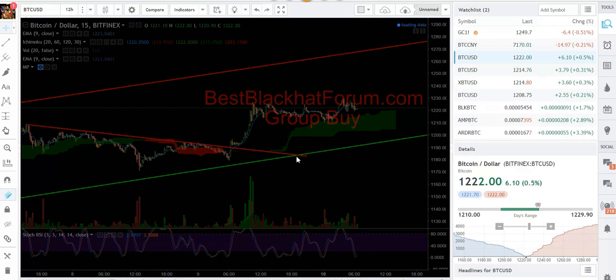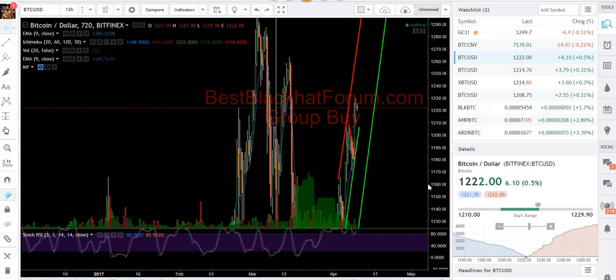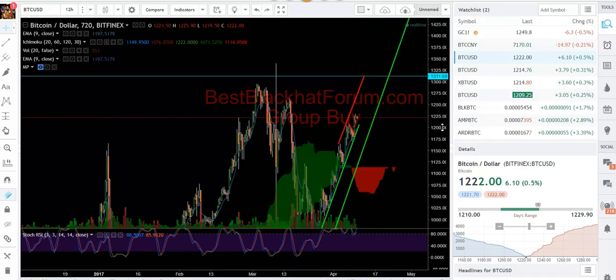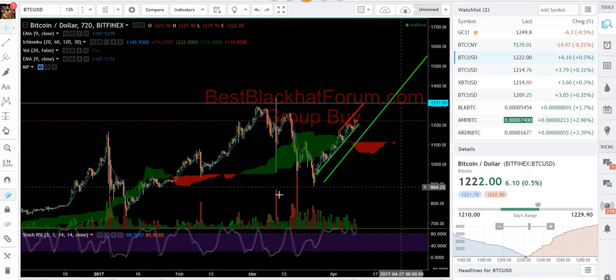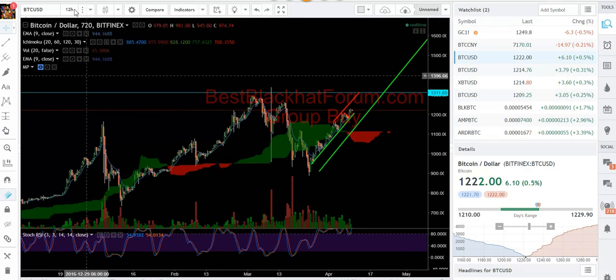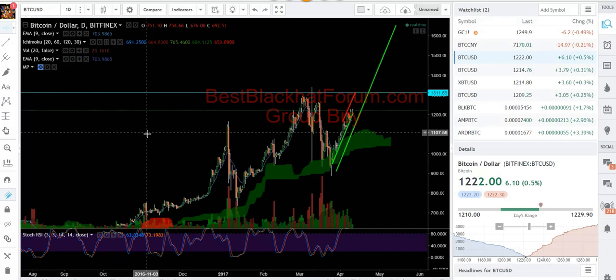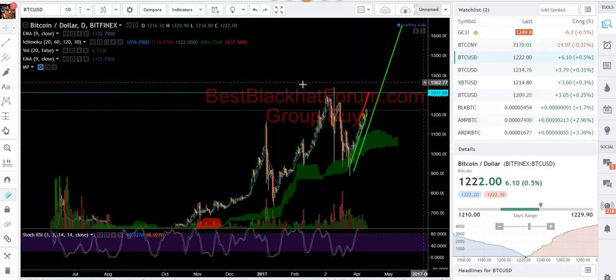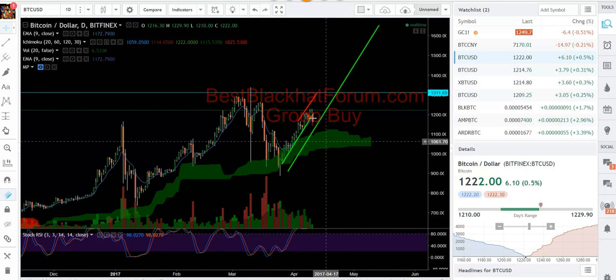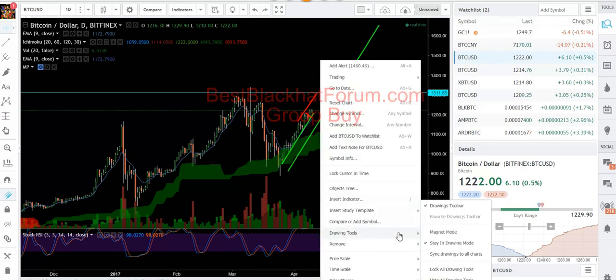I'm going to show you here. Now, I'm sorry, I wanted the daily. All right. In its simplest form, just with a glance, the Ichimoku Cloud will tell us the trend.